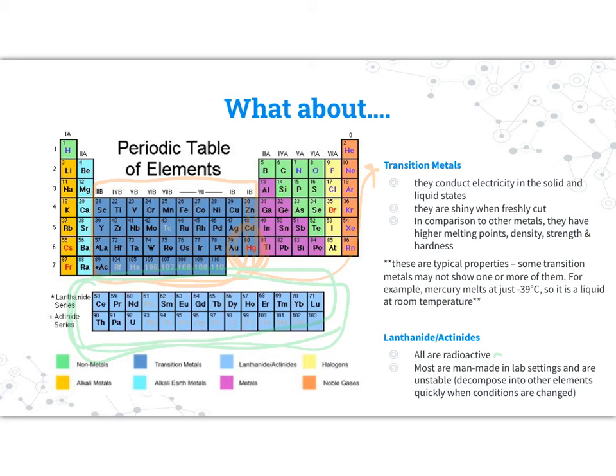They're made in like particle accelerators, so they're kind of unstable. They decompose into other elements, or they just simply fall apart when these temperature or pressure or vacuum conditions are changed. So these are some extras in our periodic table.